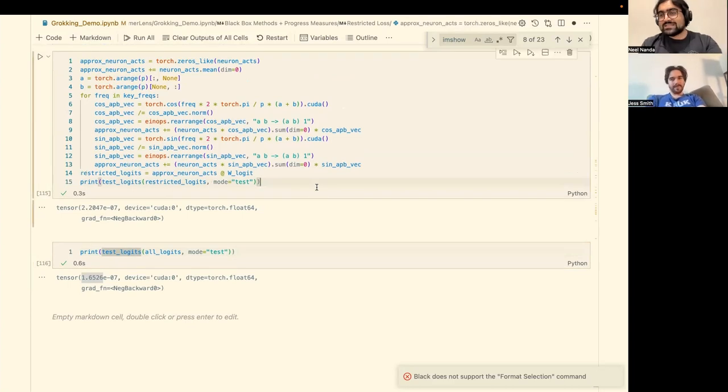But this is totally on my list of stuff where I'm pro someone going and poking around at this and seeing if I'm missing anything important. My guess is the model is subtly using some other frequencies a little bit, but I basically don't have a great story beyond that.